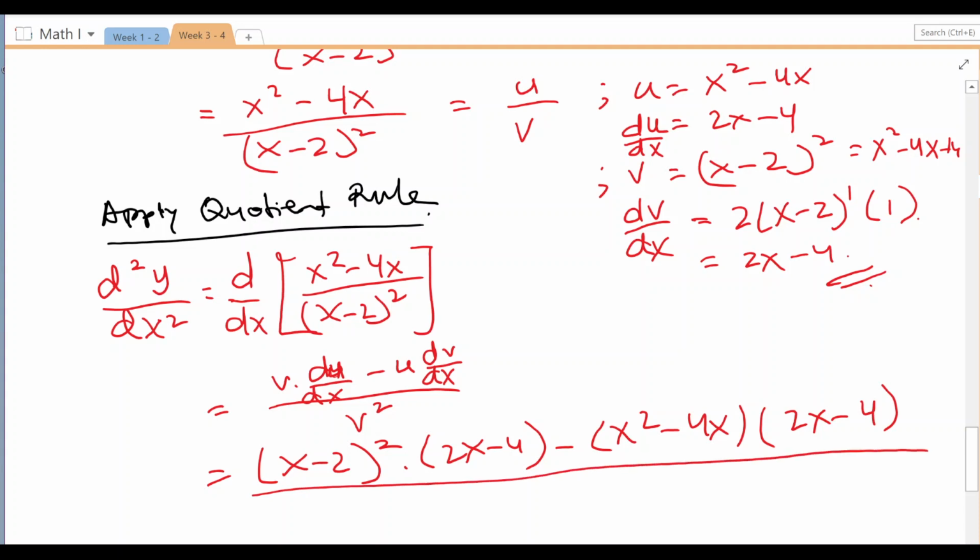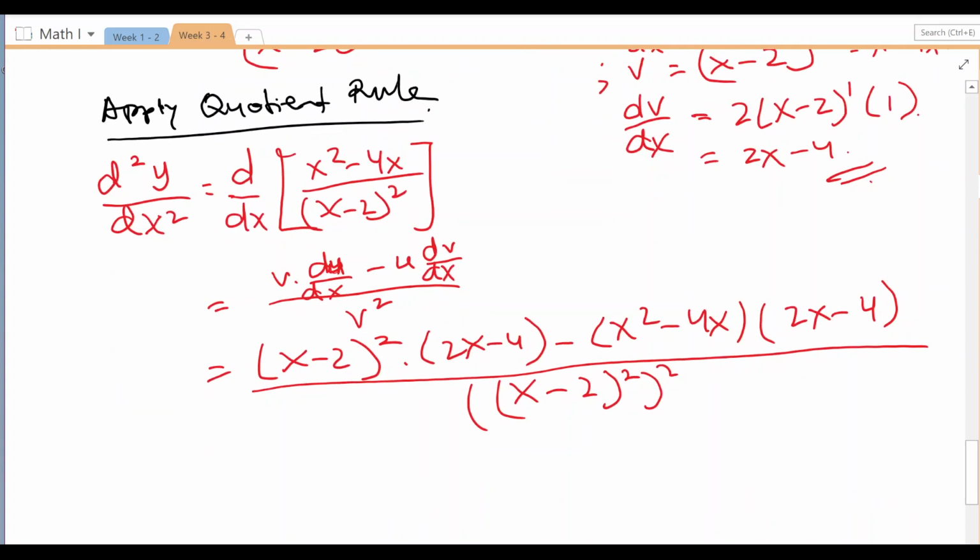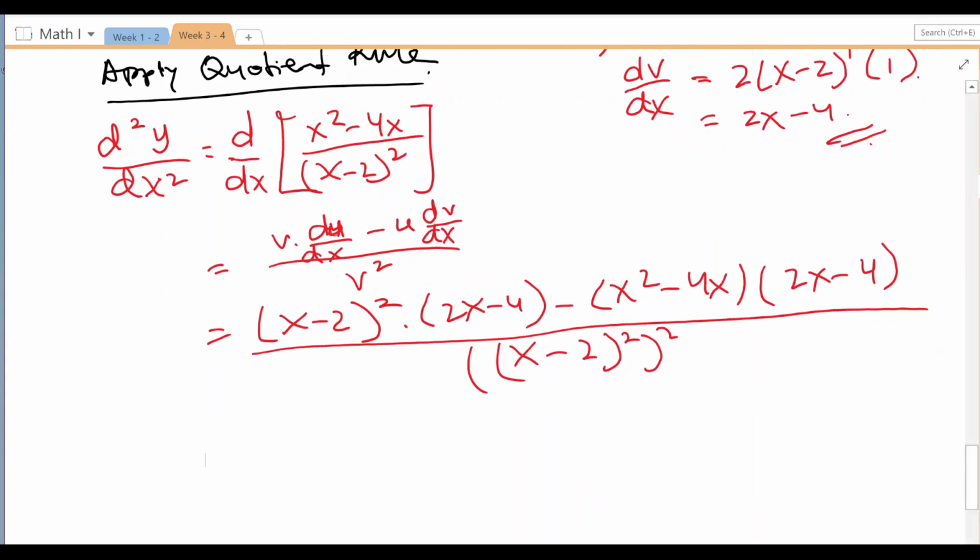And the whole thing is divided by v squared, which is written there as (x − 2)² squared, so (x − 2) raised to the power of 4. So again, it's just a matter of simplifying this.